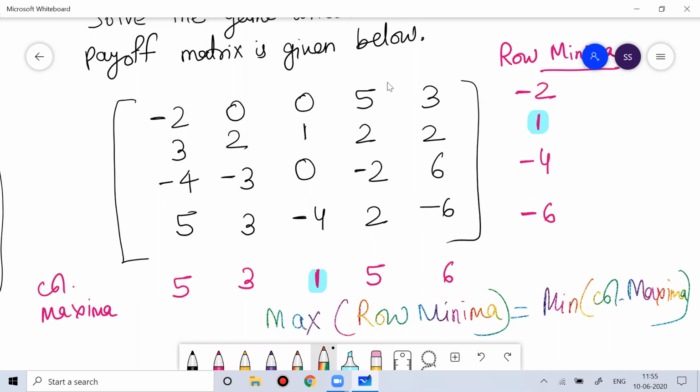And that value which is equal is called a saddle point.